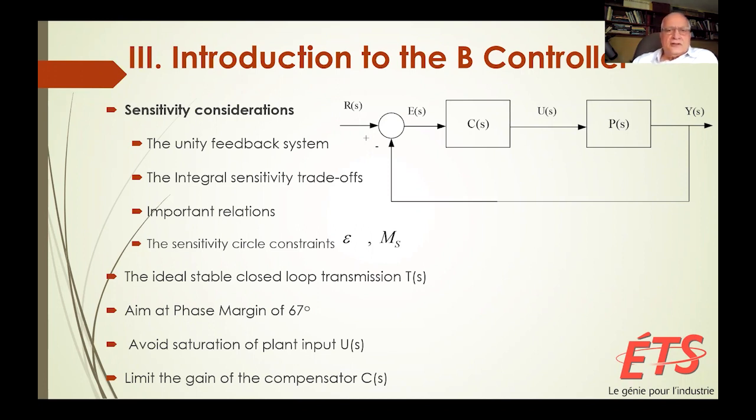The phase margin, I'll follow Astrom by taking an ideal phase margin of 66, 67 degrees, more or less. At the same time, I'm going to pay attention to 2 factors. Number one, U of S, that means the plant input, I'm going to limit the plant input to avoid saturation. And number 2, I'm going also to put a limit on C of S, which is the compensator. That means when I compare existing simulations or existing systems with my simulations, I'll use the same kind of gain and the same kind of saturation input so that we can compare apples with apples.